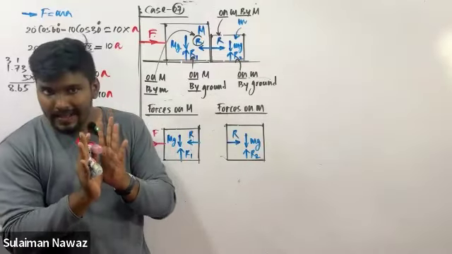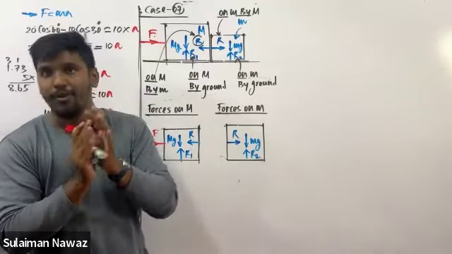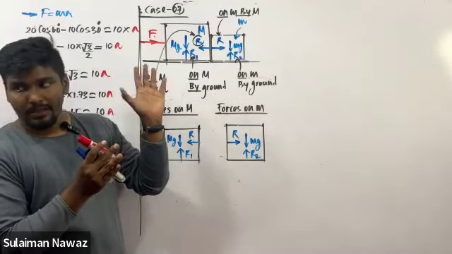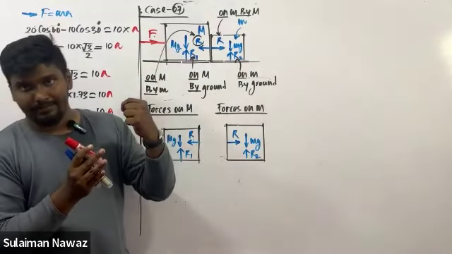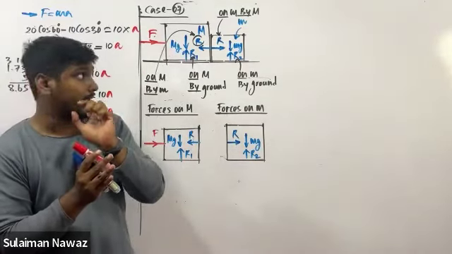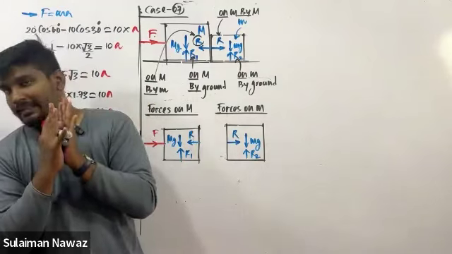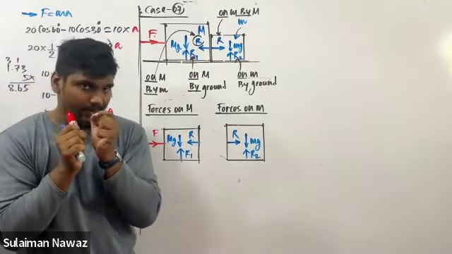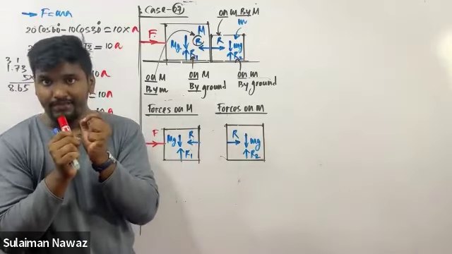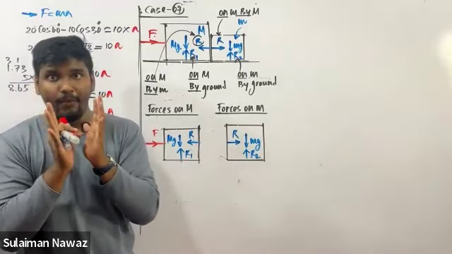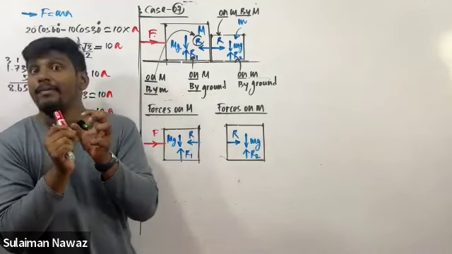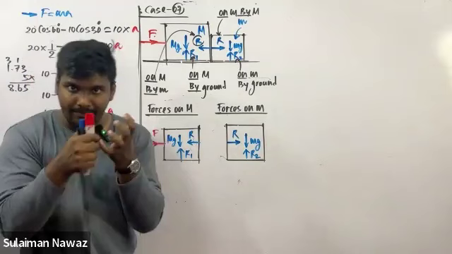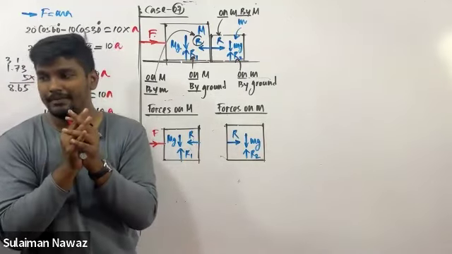In that case, listen very carefully, this is a very important point. Because of this external force, when you consider the entire system, just think about this entire system. Now very carefully answer my question, keep your 100% focus. I am considering the entire system, that means capital M and small m both as one system.